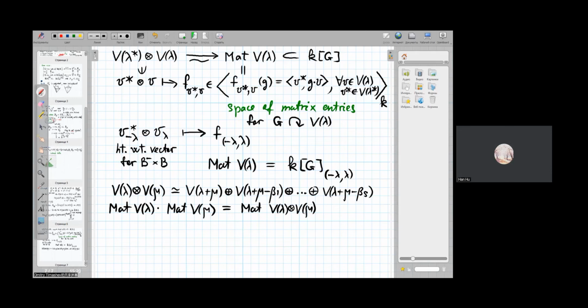So the space of matrix entries of this tensor product can be described as the sum of the spaces of matrix entries of the summands. Because if you decompose this representation space as the direct sum, then in a properly chosen basis, the matrices of representation operators in this decomposition will be blockwise diagonal, like this.